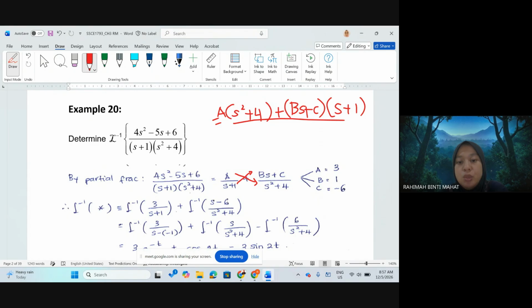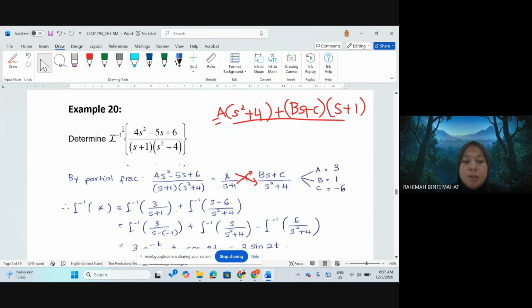Then you ignore the denominator, you just take the numerator only, and then you can try one by one. s is equal to 0, s is equal to -1, and for the last one, because there are three unknowns, you can choose any real number, so you can get the values of A, B, and C.